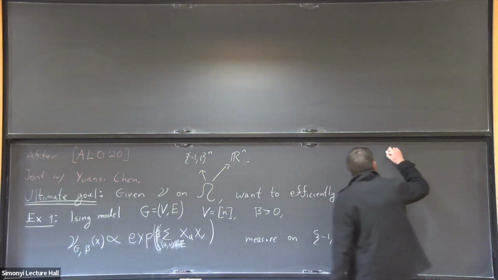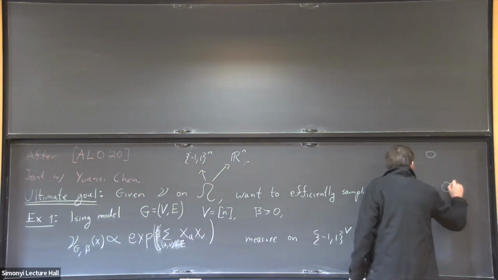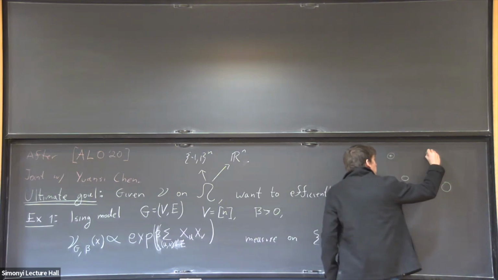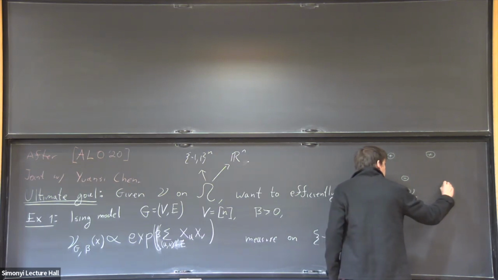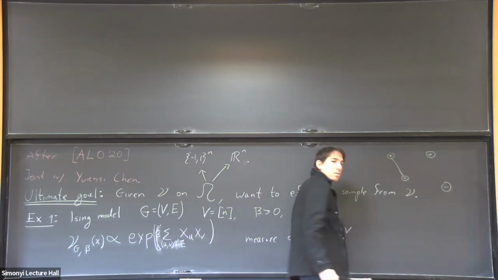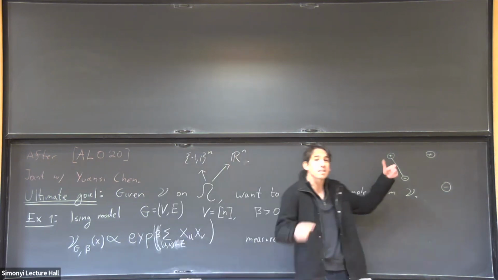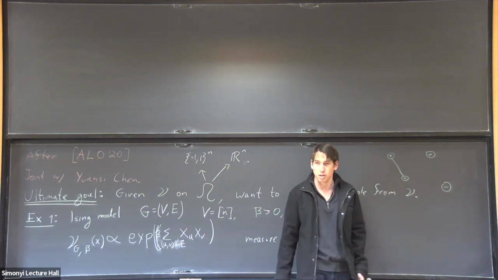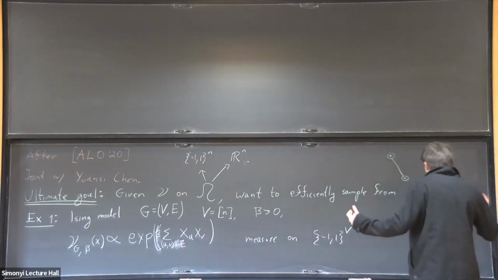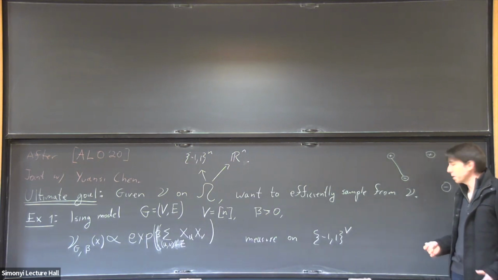So we think about it as follows. I guess most of you have seen it, so we'll do it quickly. We have the vertex set of the graph. On each vertex, I have either a plus or a minus. And whenever two vertices are connected by an edge, the bigger beta is, the more incentive they have to agree with each other. This is called an Ising model, and there are some people here who know it much better than I do.